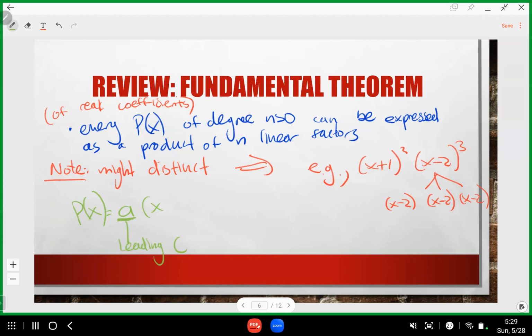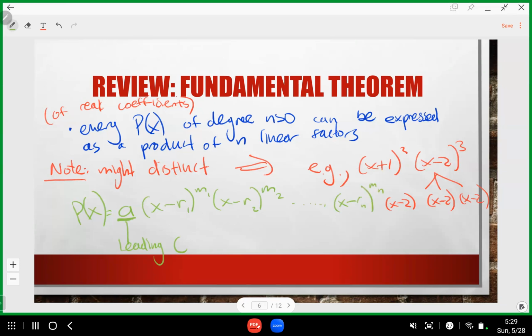And this can be expressed as a times (x minus r1) to the m1 times (x minus r2) to the m2, all the way to (x minus rn) to the mn.